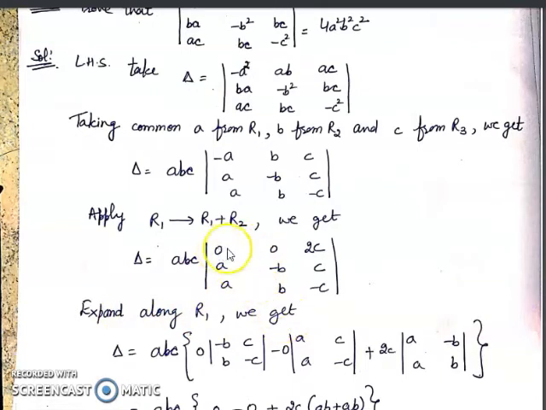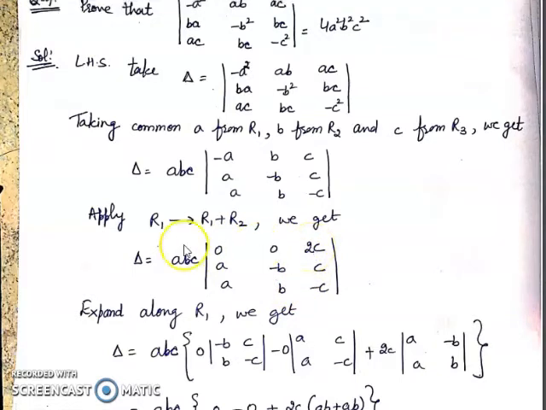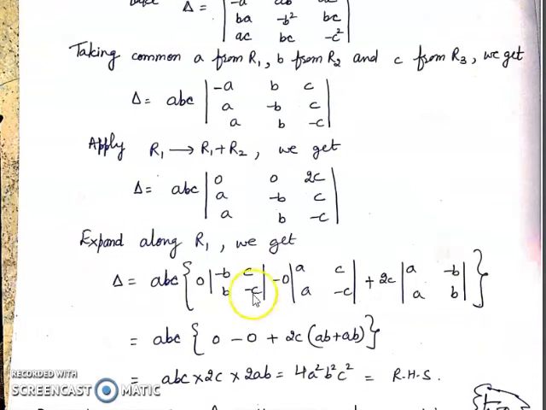So 0 into the determinant leaving the first row and first column, minus 0 into the determinant leaving the elements of first row and second column, plus 2c into the determinant with first row and third column deleted. So the remaining determinant is a minus b, a, b. Open this.